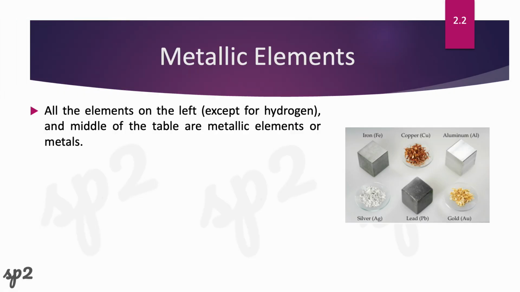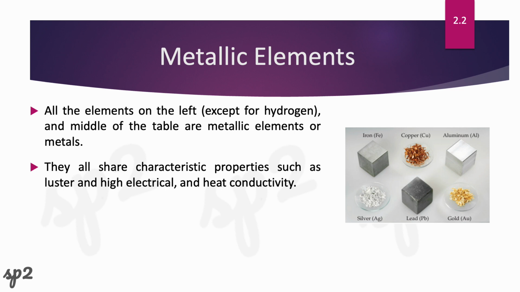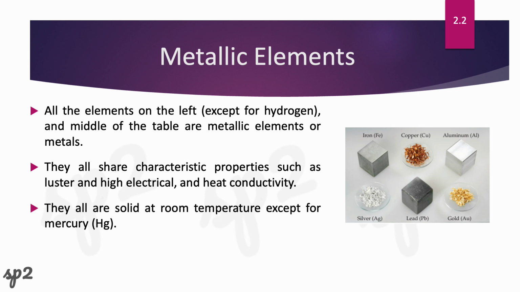Okay, now we're going to be talking about metallic elements, non-metallic elements, and then metalloids. Starting with metallic elements. All the elements on the left, except for hydrogen, and the middle of the table are known as your metallic elements. You can also call them metals. They all share characteristic properties such as luster, and they have high electrical and heat conductivity.